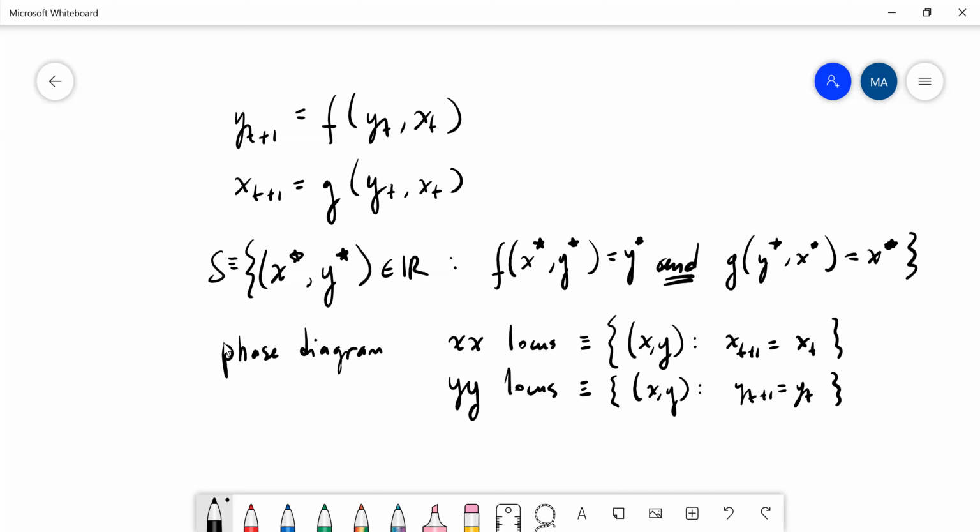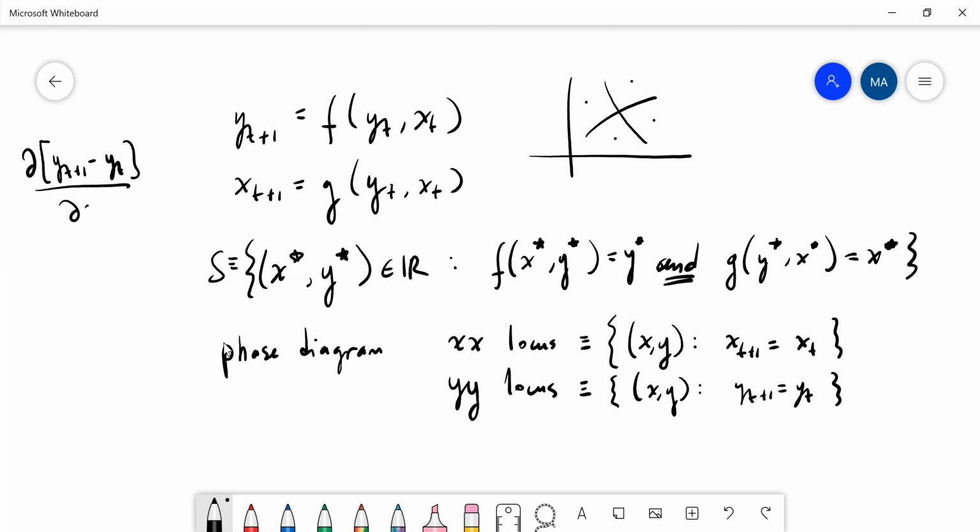Now to understand the dynamics in these regions, you're going to look at how this difference changes when X(t) changes, or how this difference changes when Y(t) changes. All right.